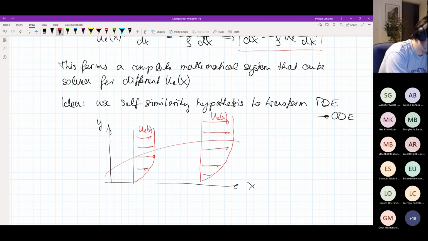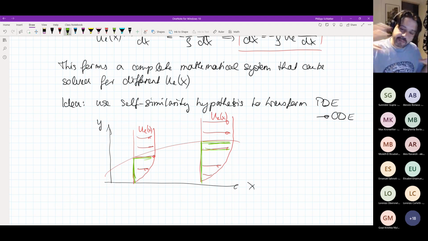That means they kind of stretch with this length and this velocity here. If I'm scaling them with both this thickness, which I can call delta, and the UE, these profiles would actually scale with each other. They would be the same upon rescaling with the velocity and the thickness.